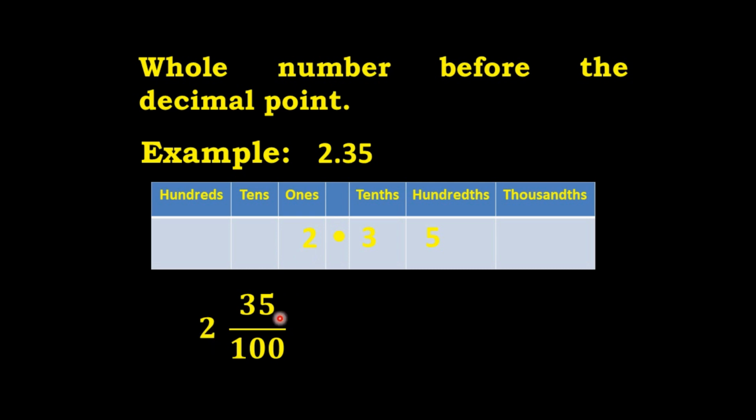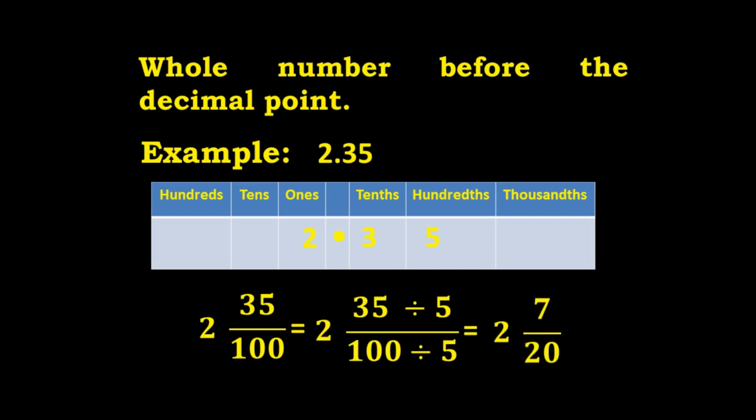And again, 35 over 100 can still be reduced to its lowest terms using the GCF, which is 5. Okay, and then we will divide both by 5. Then we just copy the whole number. And then the result is 7/20, and then copy the whole number. So this is now the fractional form of 2.35, which is 2 and 7/20. And this is now our answer.